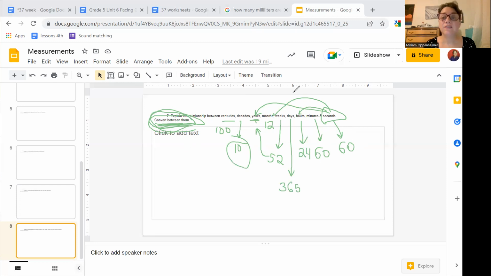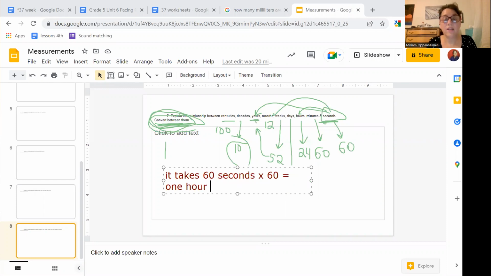Here you're going to write, okay? So you can use this and start typing. Like it takes 60 times 60 seconds times 60 would equal 1 hour. And then you do the math.